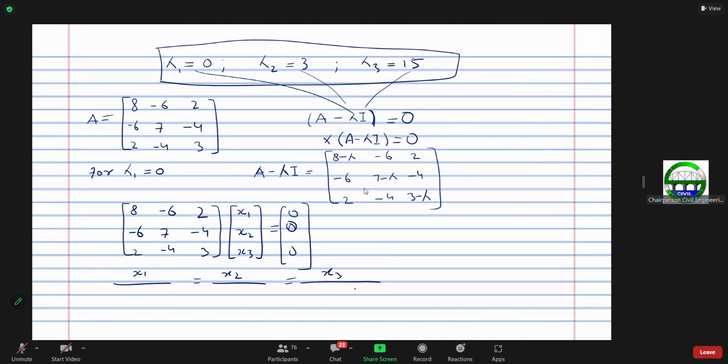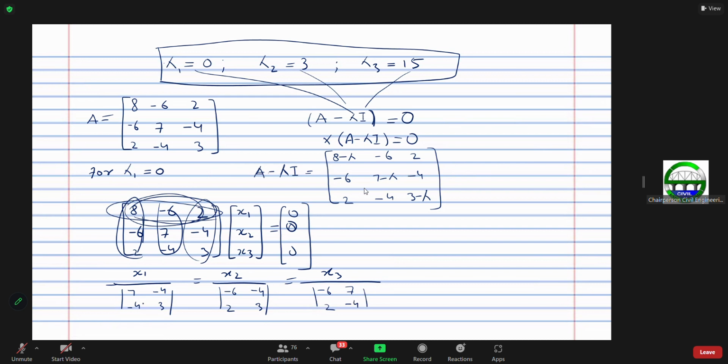Okay, so for x1, just hide this row and this column, and take the determinant of 7, minus 4, minus 4, 3. For x2, hide this one and this one, and take the determinant of minus 6, minus 4, 2 and 3. And for x3, just hide this one and this one, and take the determinant of minus 6, 7, 2, minus 4.